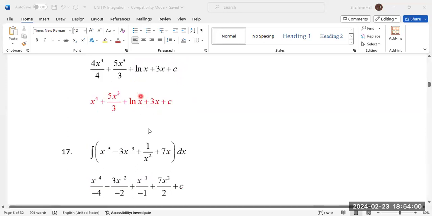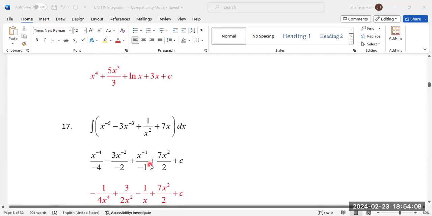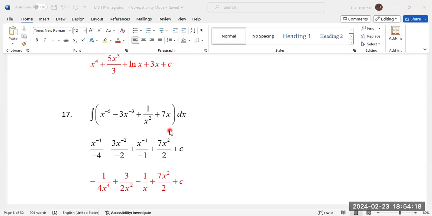Once you have 1 over x squared, you can integrate it as x to the minus 2. Yes, you can have 7x squared over 2. So that is the correct answer. Fix that one for me, please. It only works with 1 over x or x to the minus 1. It does not work any other time.